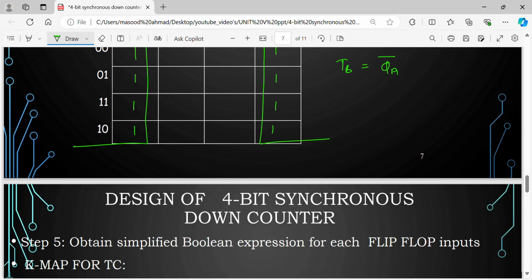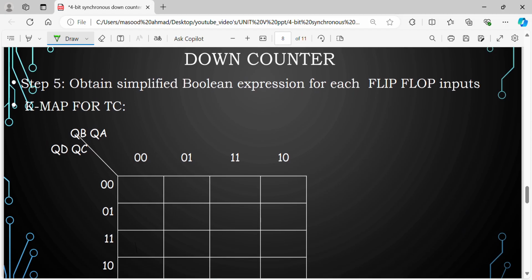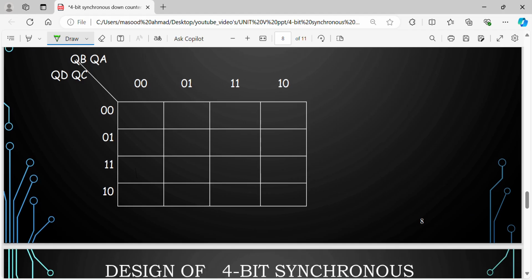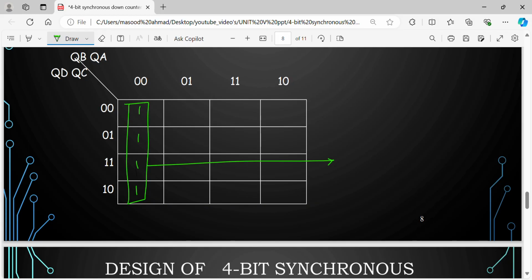Okay. Next, if you look for the expression for TC, it is 0, 4, 8, 12. So 0 is 1, 4 is 1, 8 is 1, 12 is 1. If I combine these 4, the expression for TC is nothing but QA bar, QB bar, right?